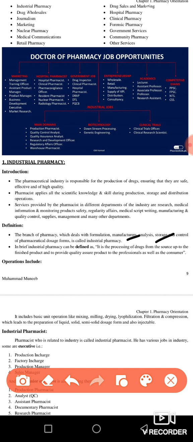So you are converting your raw material into finished material, then you ensure the quality, and then you sell it to your customers.